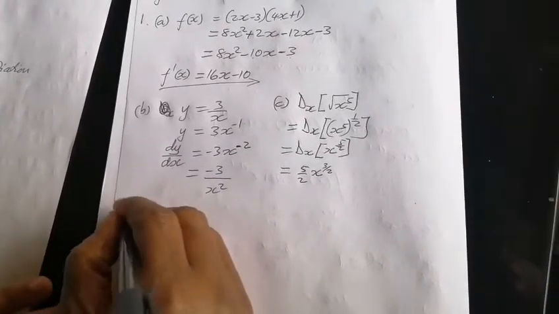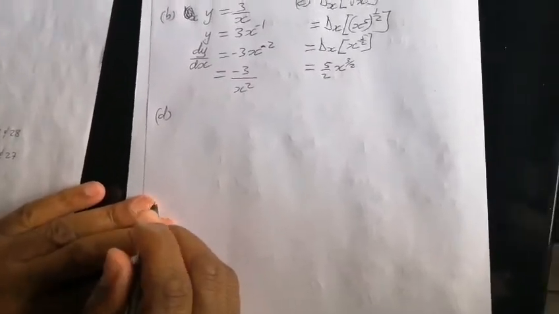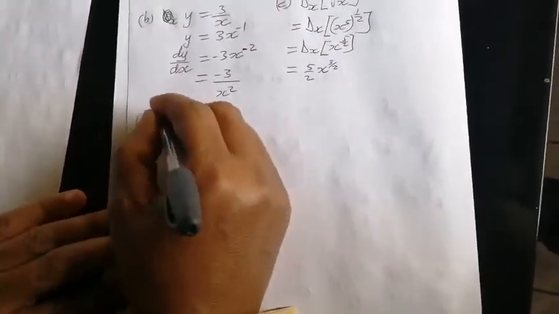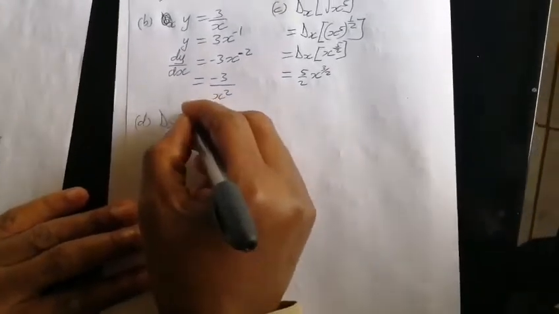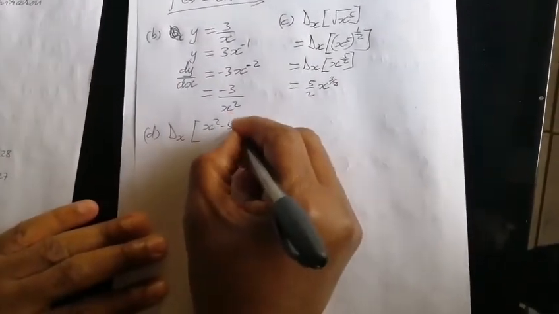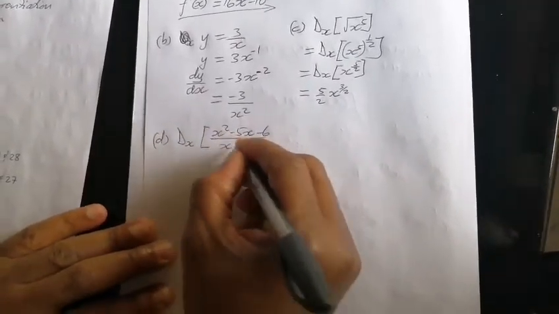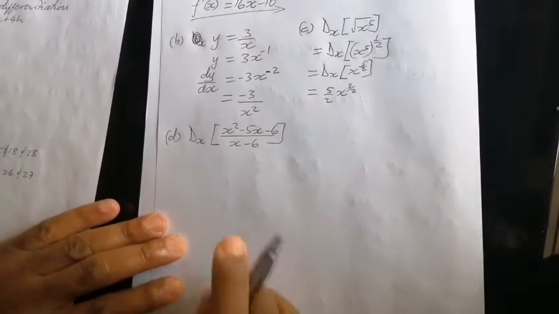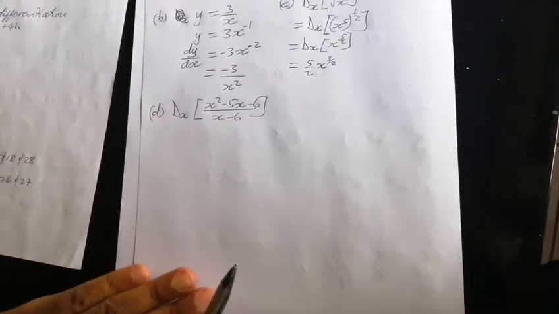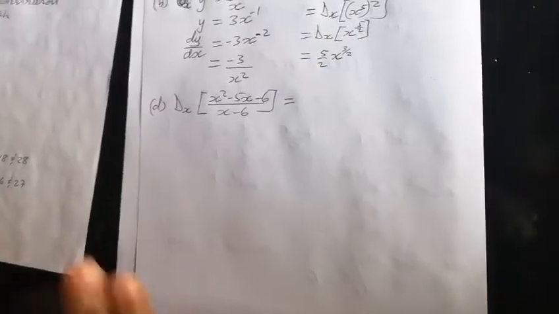Part D, the question says d/dx of x squared minus 5x minus 6 all over x minus 6. Again, we do all that we can to try and simplify what is inside the bracket.